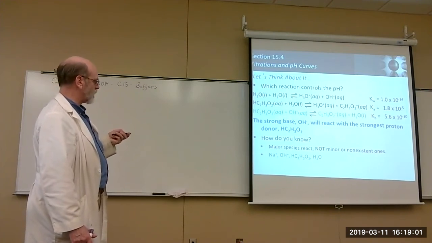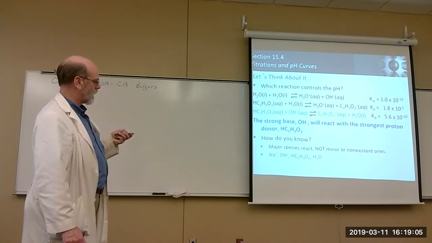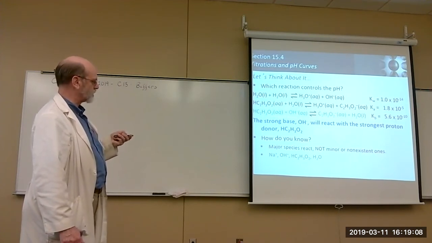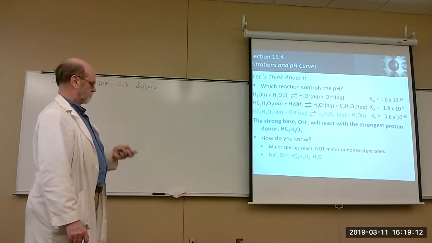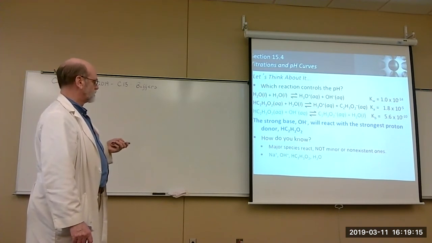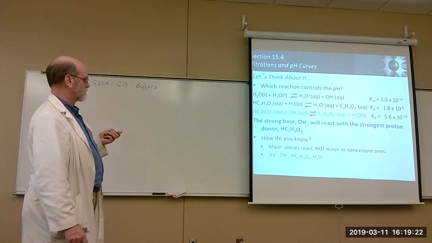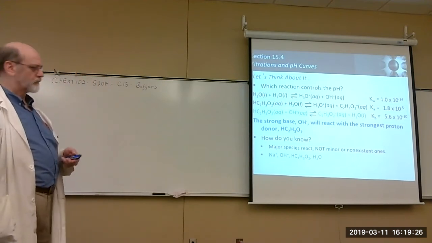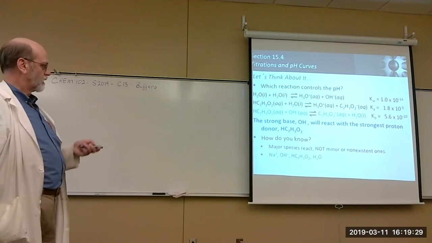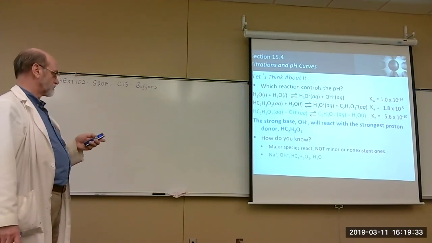The strong base, hydroxyl, will remove a proton and give you the conjugate base of the weak acid plus water. All right, that makes sense. But if we try to conduct the reaction with this equation, there's no base. So scratch what I said before. It's not the largest one that controls it, it's the one that involves a base. If you're going to add base, you've got to have a base in the reaction.